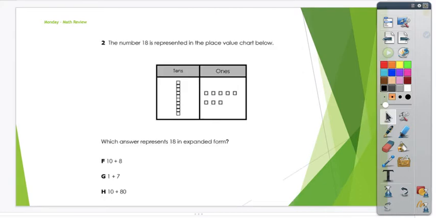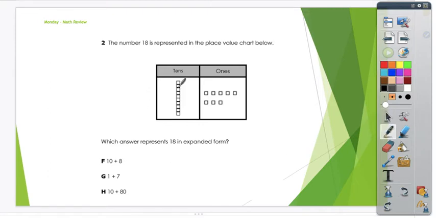All right, now let's look at this problem. It says the number 18 is represented in the place value chart below. Which answer represents 18 in expanded form? All right, well, let's look. I need my marker.